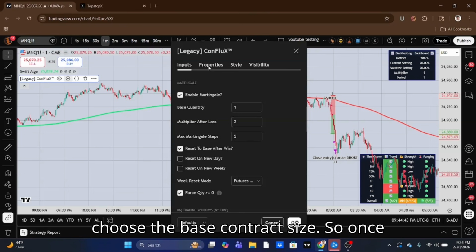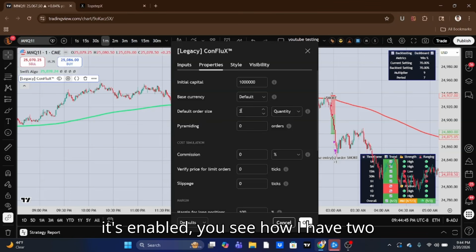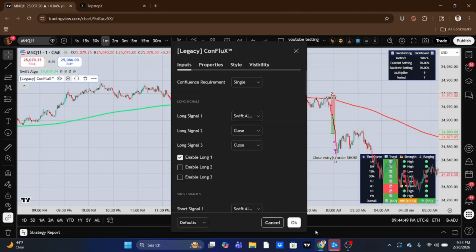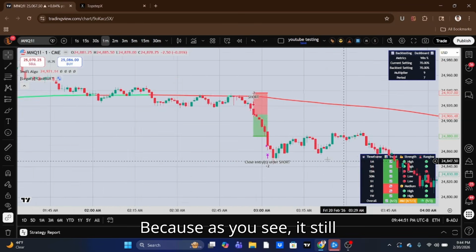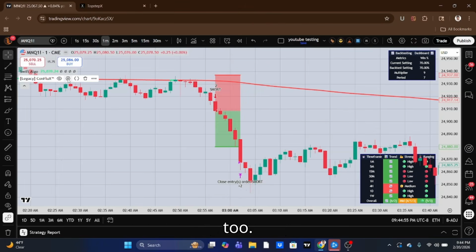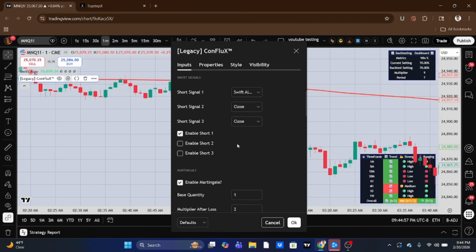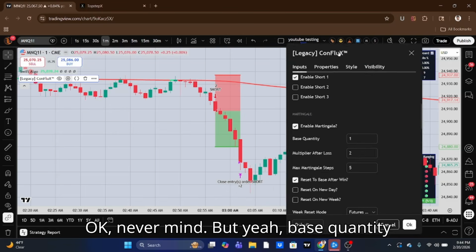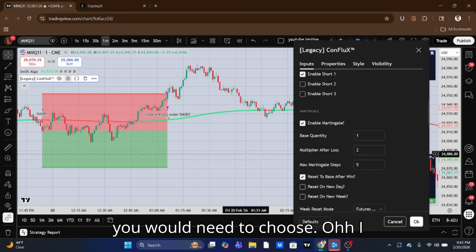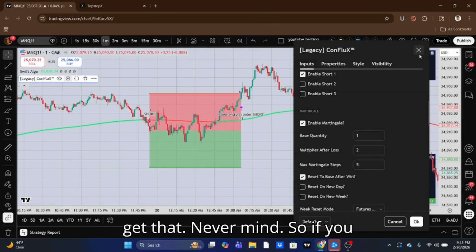So once it's enabled, you see how I have 2 contract size. This no longer matters, because as you see, it still shows, oh, it actually shows 2 too. Okay, never mind. But yeah, base quantity, you will need to choose, oh, I get it, never mind.